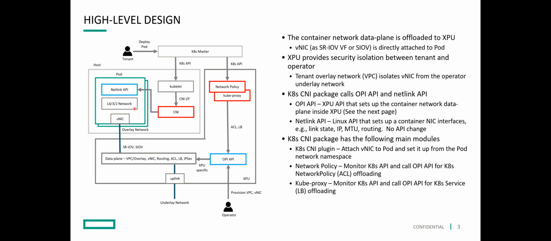That could be an inband path, maybe using a NIC command, or an out-of-band path going around through the management network. And for the cloud environment, the managed Kubernetes master may be managed by the operators, who also secure the connection between the master and XPU.